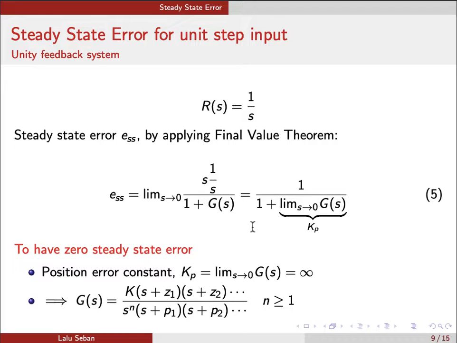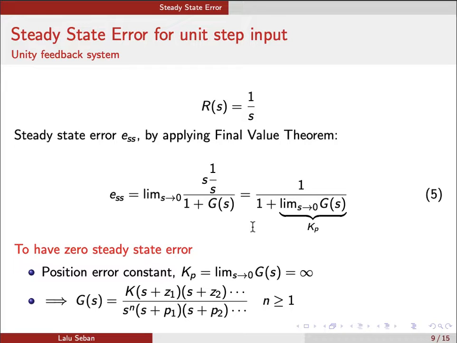In order to explain how these test signals are used, let us assume a position control system where the output position follows input command position. So it is very easy to assume step inputs that represent constant position.